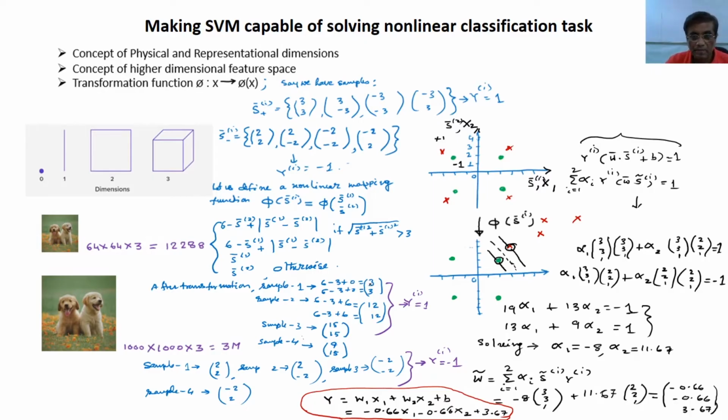So after transformation, similarly you do this, and the sample remains at 3, 3. How about sample 2? 3 minus 3, 3 minus 3, you see, 6 minus 3 plus 3, because 3 minus 3, minus plus, so for sample 2 it is 12, 12.